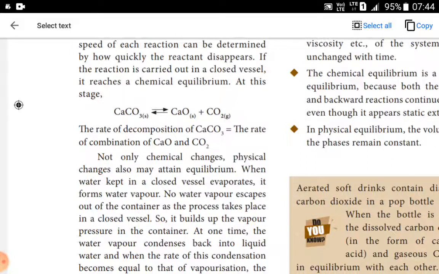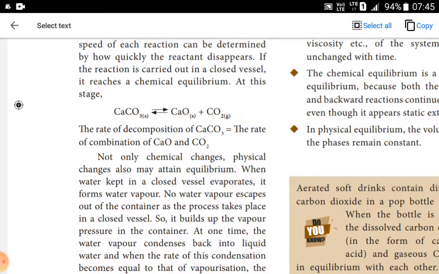Suppose it takes place in an open container, the water vapor is released out. If it takes place in a closed vessel, the vapor forms a pressure, and at one time the vapor condenses to form liquid again. So water to water vapor is the forward reaction, then water vapor to water is the backward reaction.